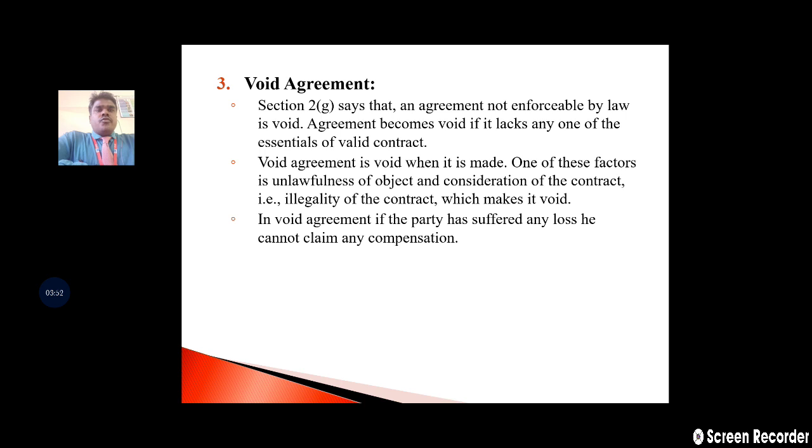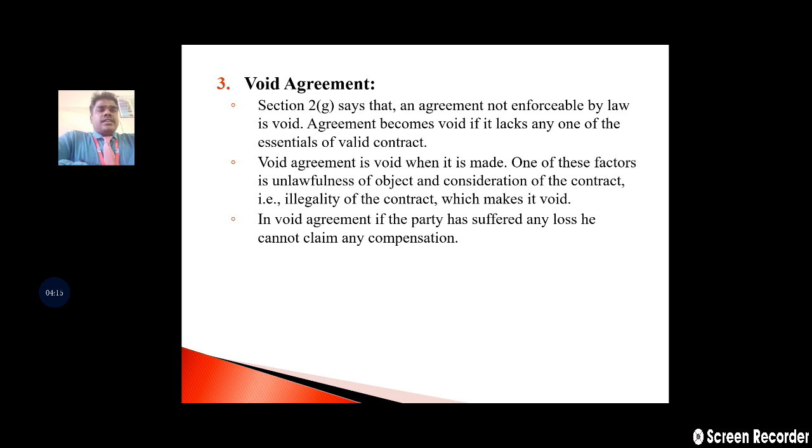Next, third one, void agreement. Section 2(g) says that an agreement not enforceable by law is void. An agreement becomes void if it lacks any one of the essentials of a valid contract. A void agreement is void when it is made.